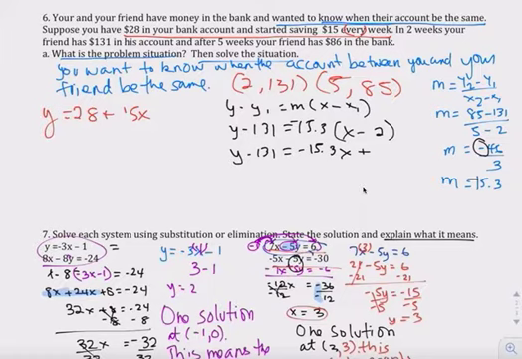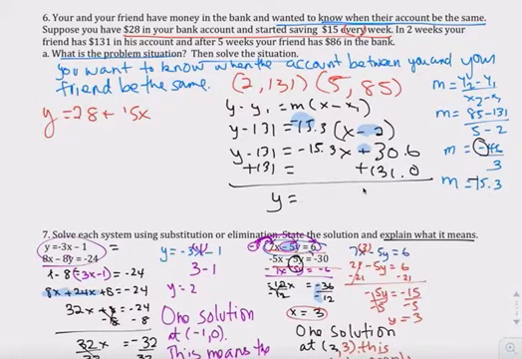Oh my gosh. 30.6. I should know this. Positive because a negative and a negative is a positive. Add 131. You get y equals negative 15.3x plus 100.4. No. You add them together. Two positives you add. So 161.6.